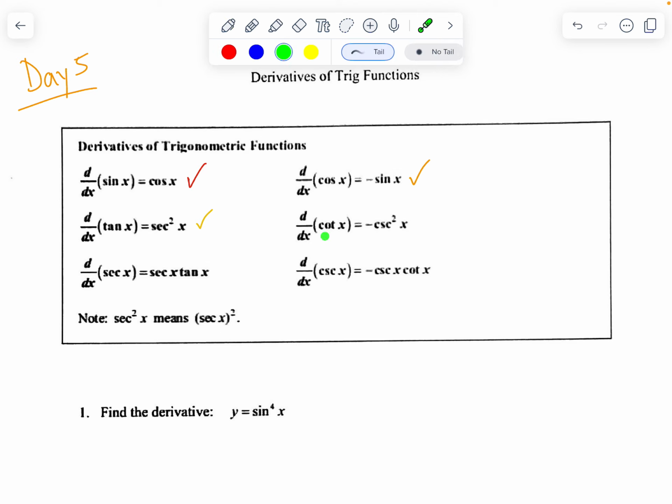The derivative of cotan is negative cosecant squared. The derivative of secant is secant x times tan of x, which is a little interesting. And lastly, the derivative of cosecant is negative cosecant of x times cotan of x.